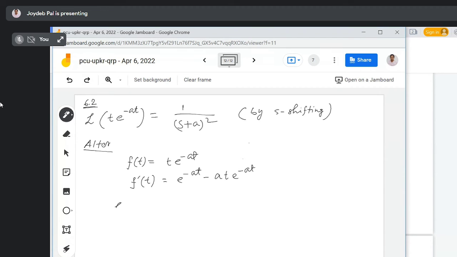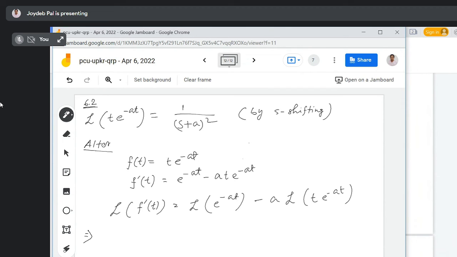Now we will take Laplace transform both sides. So Laplace transform of f dash t is Laplace transform of the right side, e to the power minus at minus a into Laplace transform of t e to the power minus at. Now you put the formula for Laplace transform of f dash t.